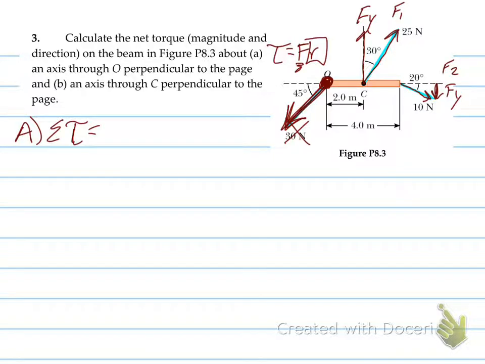We are going to have F1 times R1, where R1 is the distance from the point of rotation, plus F2 and R2, right? The problem with that statement is that F1 and F2 aren't perpendicular to the beam. So the 25 newtons really doesn't work. So we don't want just F1 and F2.